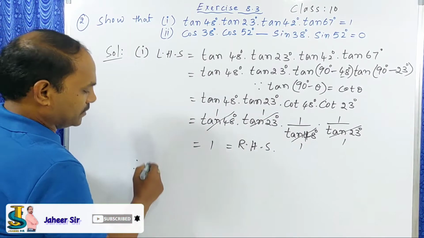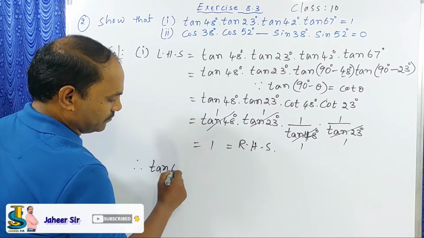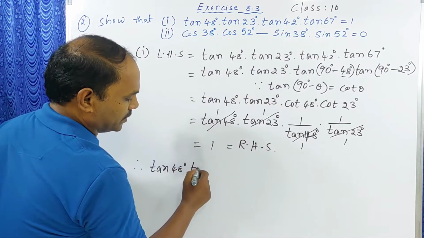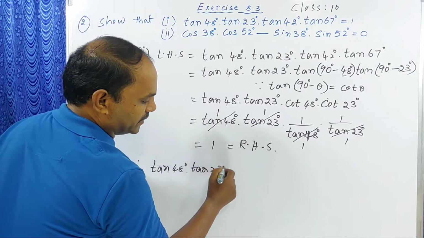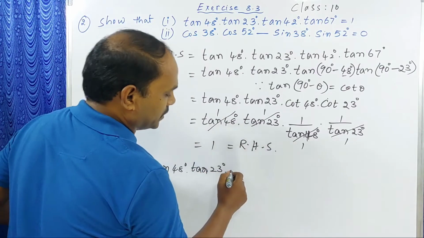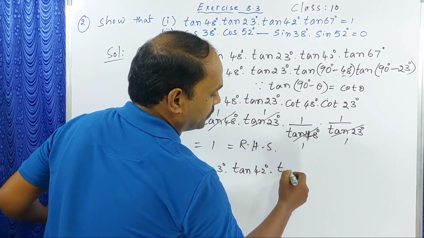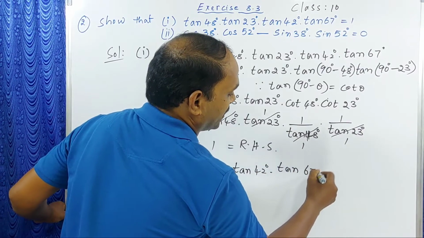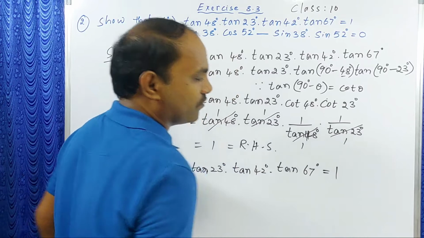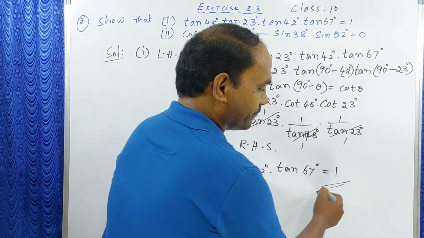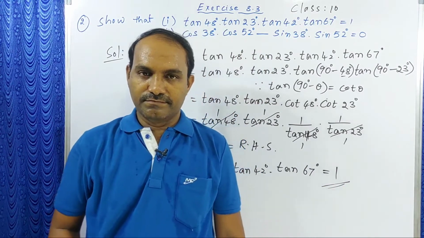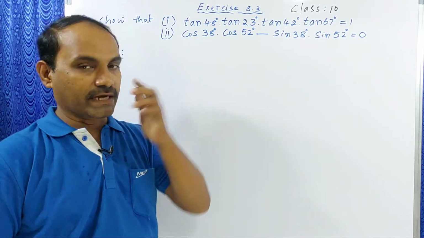Therefore, tan 48 into tan 23 degrees into tan 42 degrees into tan 67 degrees is equal to 1. Is it understood? Let us check the second one.